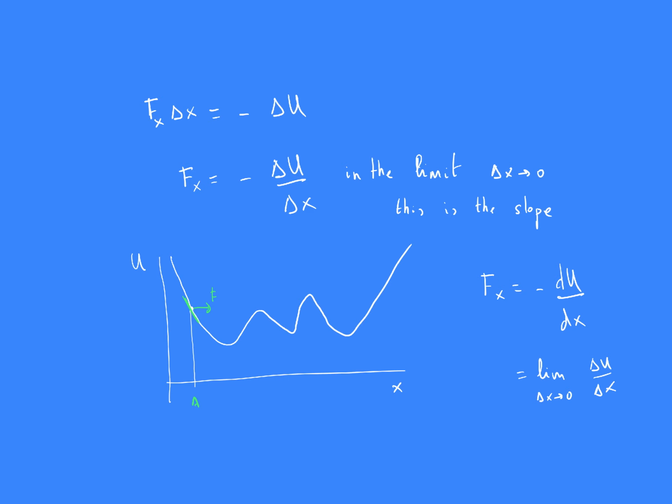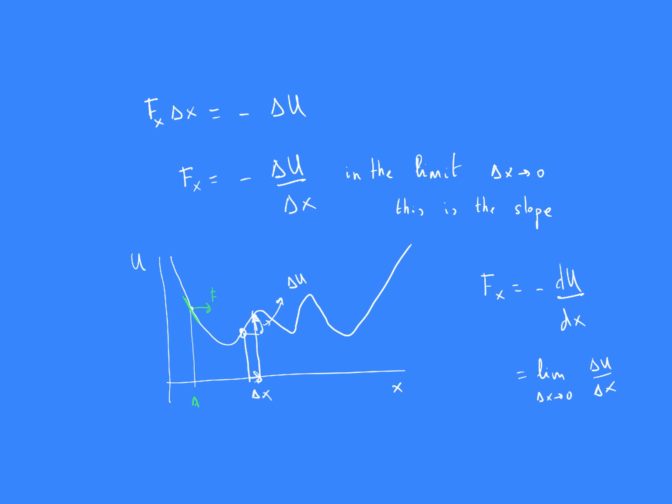It is the slope. The change in U, in this case, is positive, going from here to here. So the force is minus the slope.